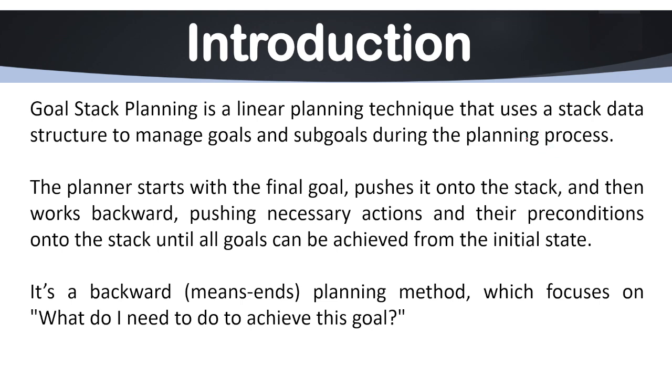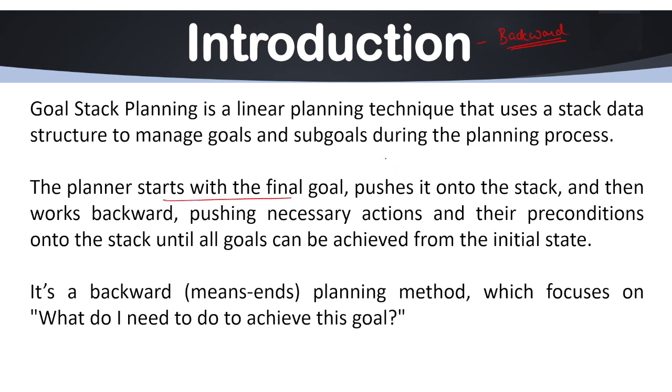Other than this, we can also say that goal stack planning is a backward planning system. It is a backward planning system in AI where a stack data structure is used to manage all the preconditions, its actions and everything, right? The planner starts with the final goal.